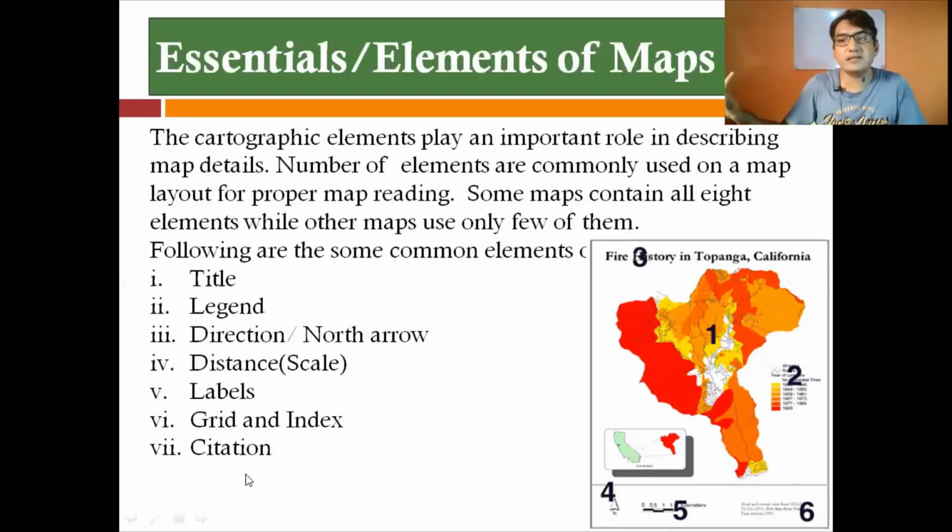There could be others also. I have mixed or amalgamated the direction and north arrow. Sometimes you may find in the books the direction and north arrow are explained separately. So let's go one by one through these elements, how they are given on the map and what the purposes of these elements are.